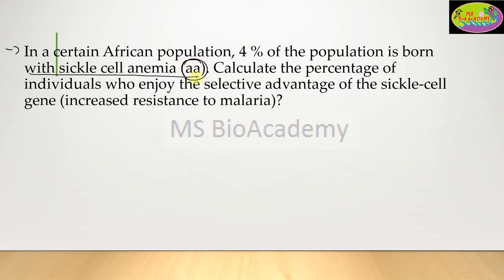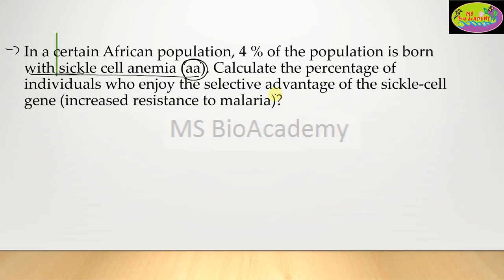Let's suppose a is the allele for this particular disease. So the small aa form will only be responsible for sickle cell anemia. They have said that 4% of the population is born with sickle cell anemia, aa. Calculate the percentage of individuals who enjoy the selective advantage of the sickle cell gene, increased resistance to malaria.